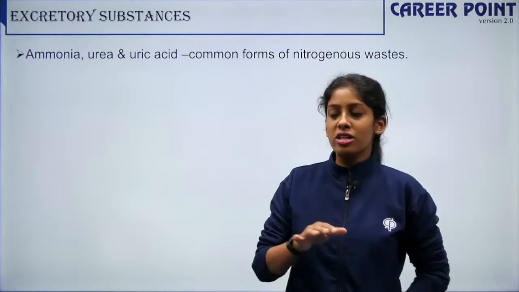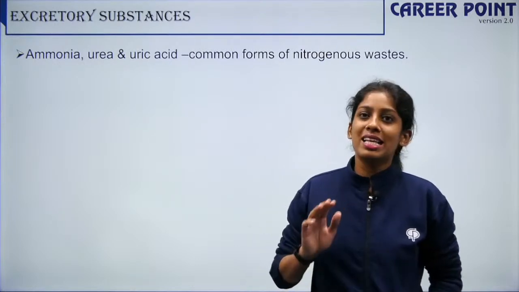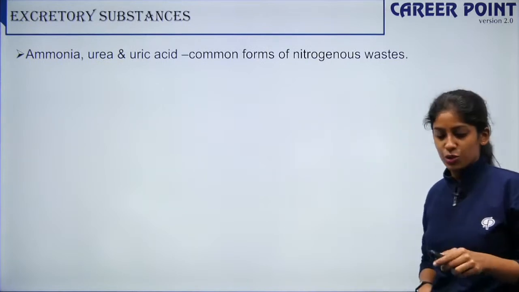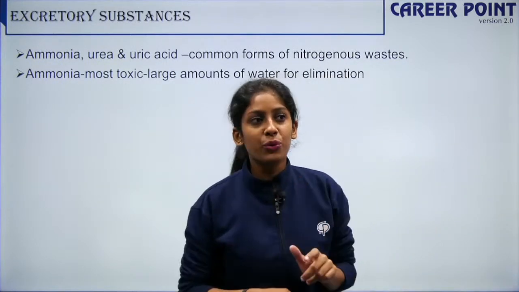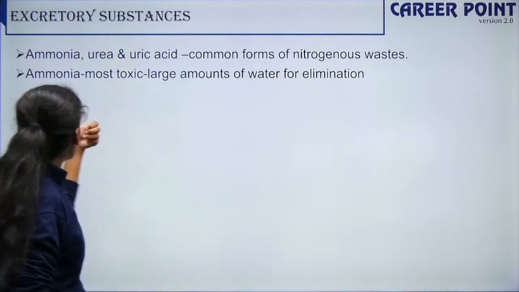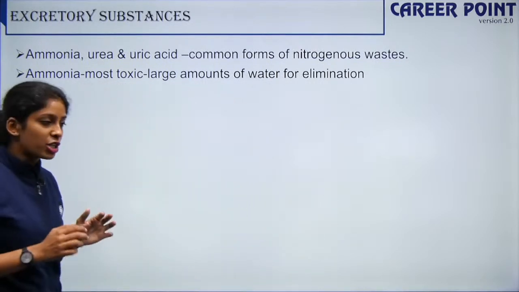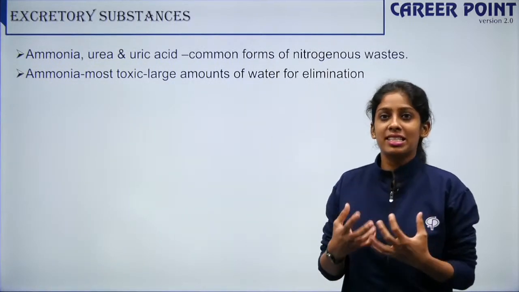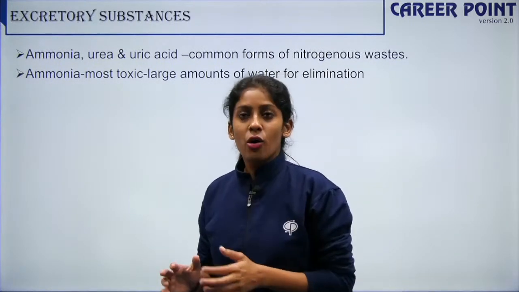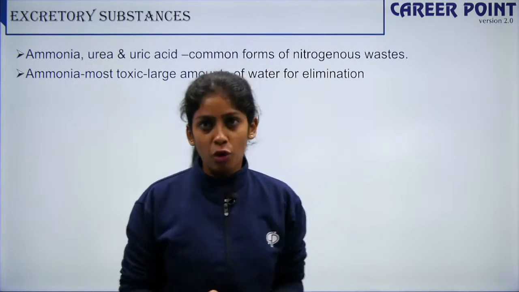Generally in all living organisms, these are the three nitrogenous wastes which have to be excreted. Among the three, ammonia is the most toxic and it requires a lot of water for elimination. We are terrestrial beings, so we live on land where we are not supported by a lot of water, right?